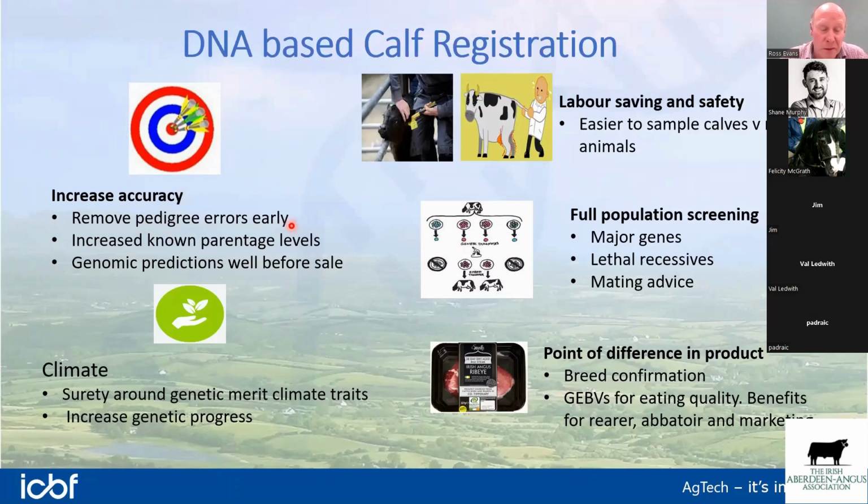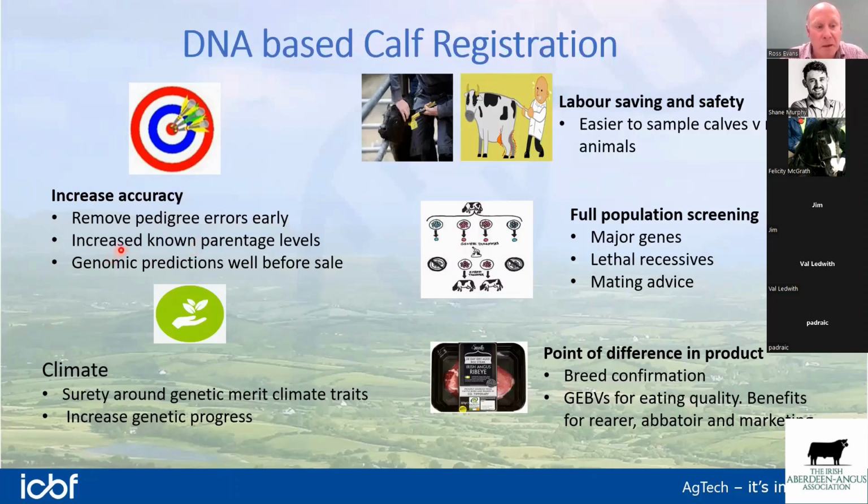So the whole idea is that as soon as the animal is born, herds that have fully genotyped out their cow herds and are all using, let's say, sires that are all genotyped as well, you can use the information in the database to correct and confirm all your pedigree at source.